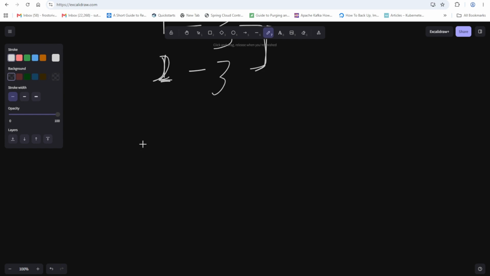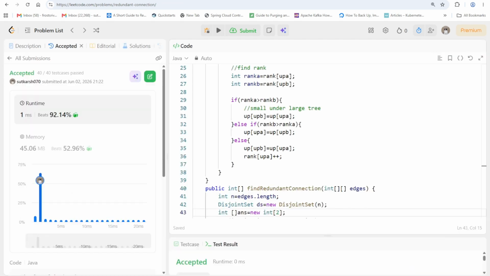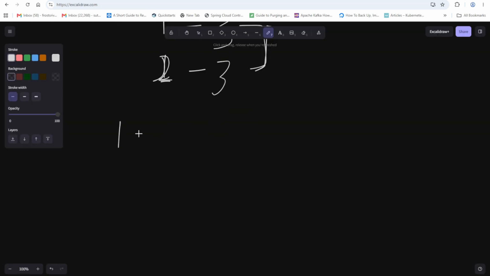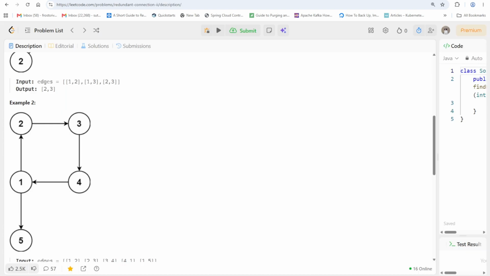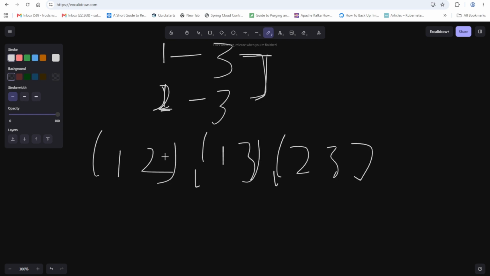Our original question had edges 1 2, 1 3 and 2 3, right? So first, we will iterate one by one, and if 1 comma 3 comes, we will skip this part. We will not take this edge.